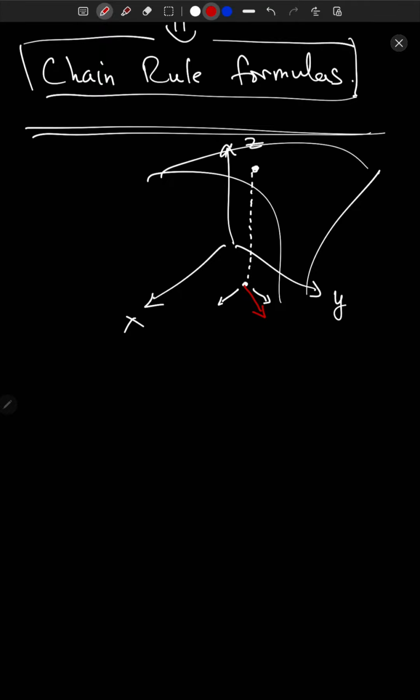Well, one way we can understand this change that's actually workable is to draw a curve here whose tangent at the point of interest is the direction that we want. I'm going to call that curve r of t.